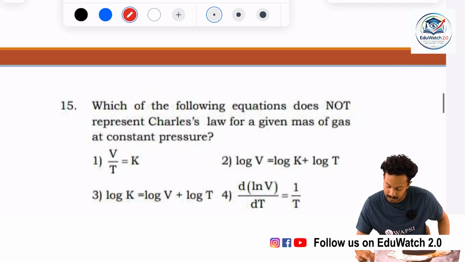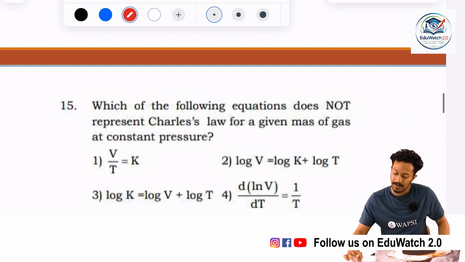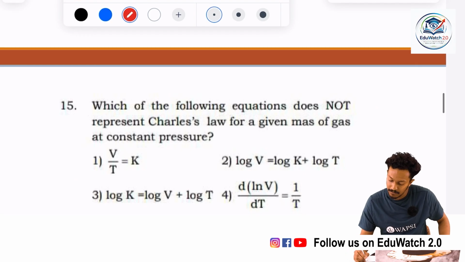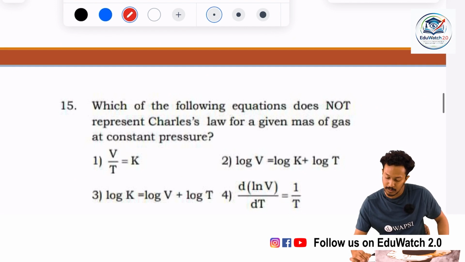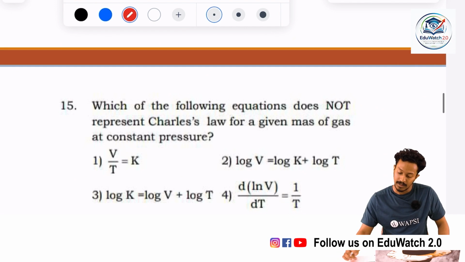Given that K is equal to V by T, option 1 is right. Taking the logarithm, log V is equal to log K plus log T, so option 2 is also correct.